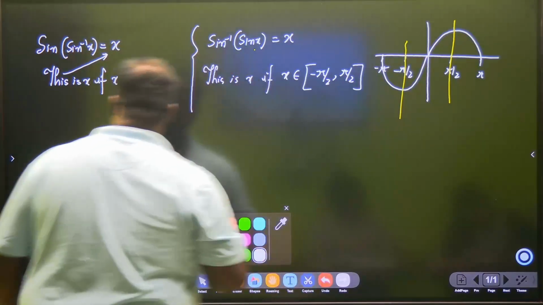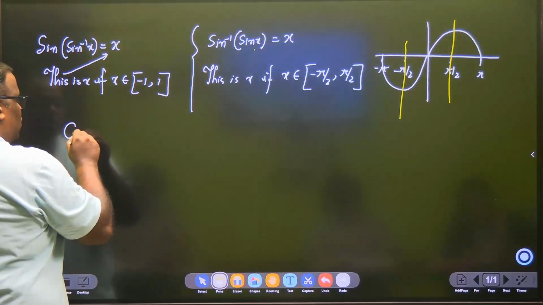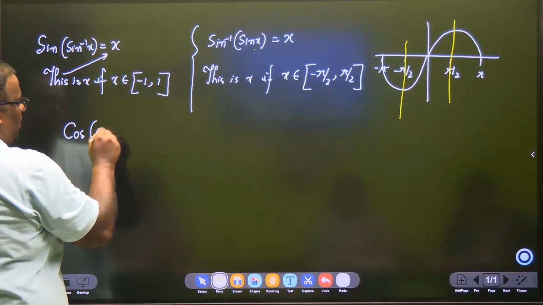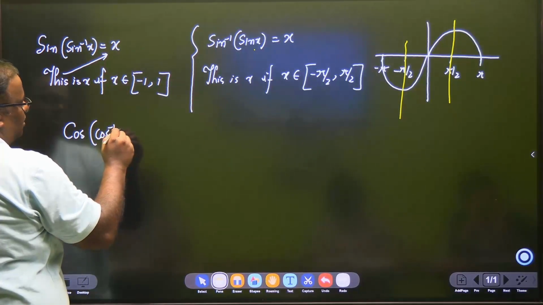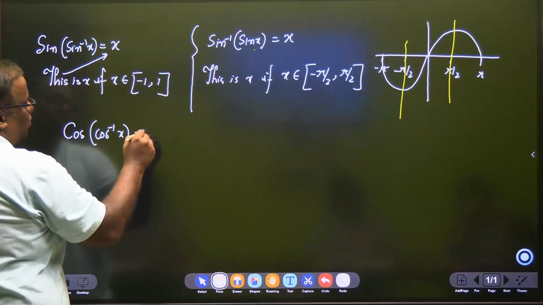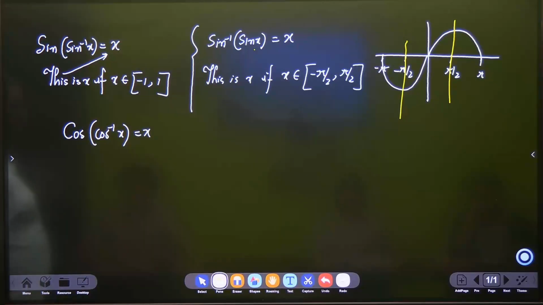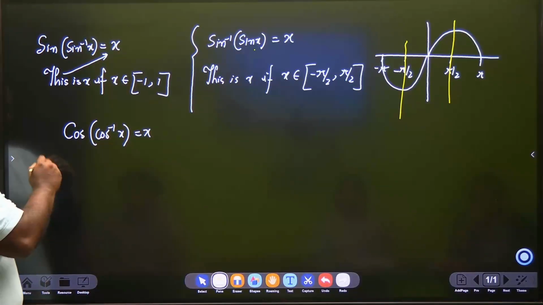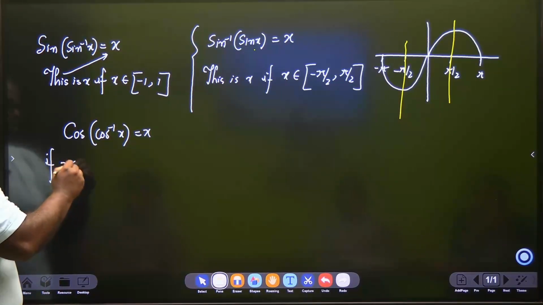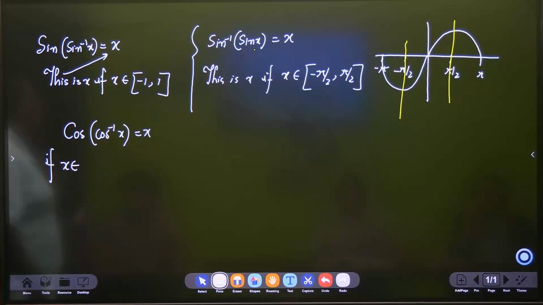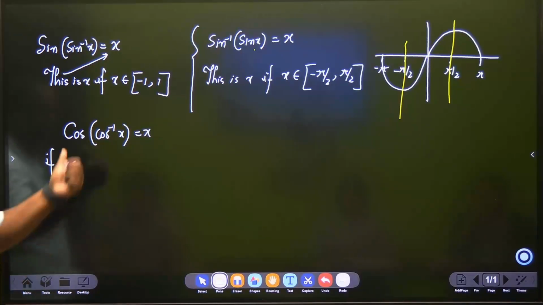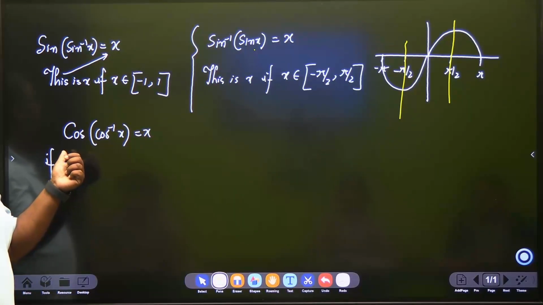Similarly, if you get it like this, cos inverse x is equal to x. Tell me now, x belongs to what? No need to memorize. Look at the function. It's a trigonometric function.